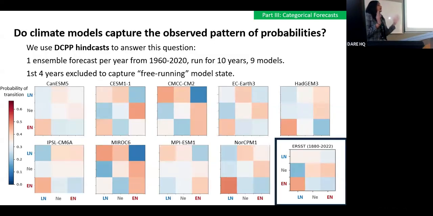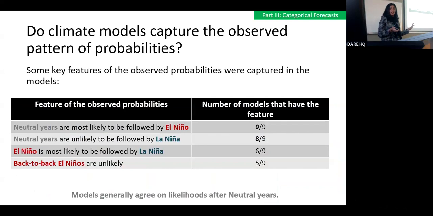Now I took those hindcasts and ran that on 9 different climate models. So I did the same calculation of the probabilities on 9 different climate models that were basically running in their free state, where no perturbation is being added. I don't expect you to sit and interpret all 9 of these pictures.